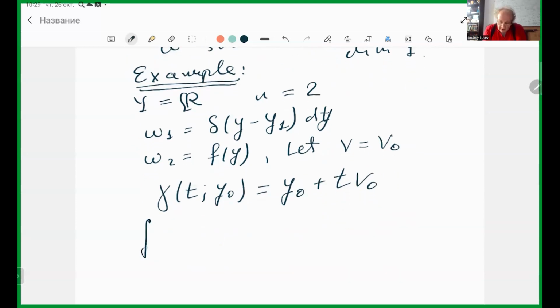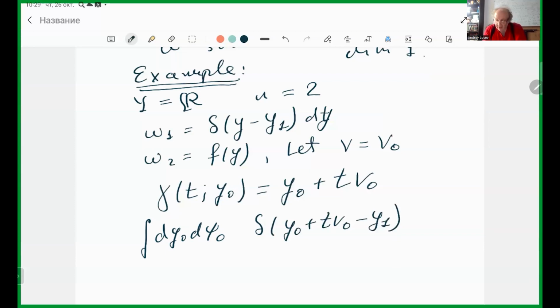Now my computation is the following integral. Here I have delta of y naught plus t v naught minus y1.